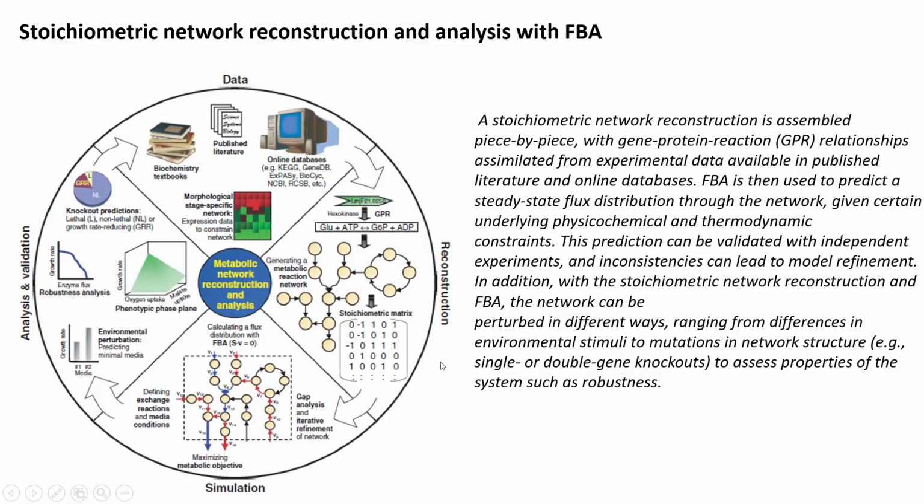Now, after you've got this, you use FBA to predict a steady state flux distribution throughout the network given certain underlying physiochemical and thermodynamic constraints. And this prediction can be validated with independent experiments. So you have your stoichiometric matrix, and you do FBA on this, putting S equal to 0, and then you get a steady state flux distribution throughout the network under some constraints, and you can validate these results with the help of certain experimental techniques.